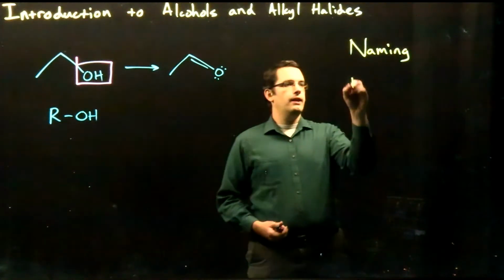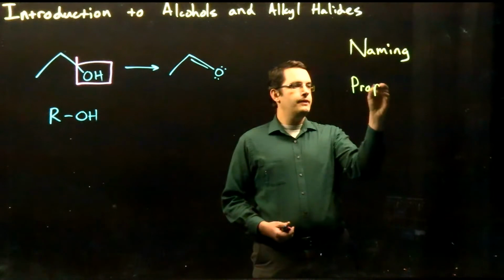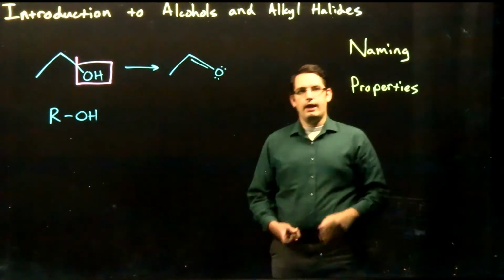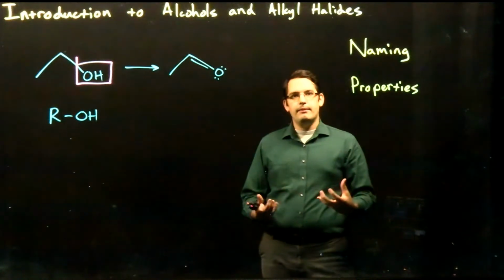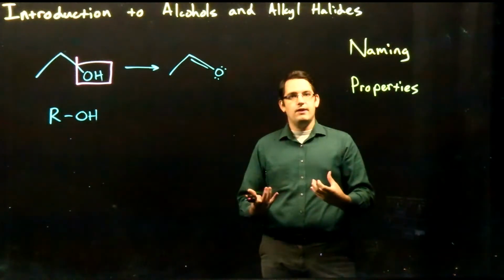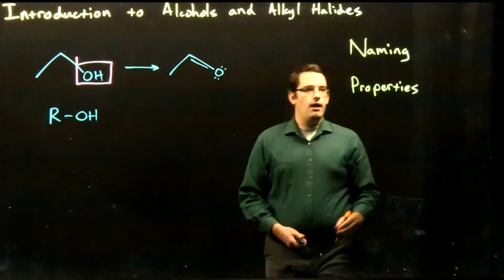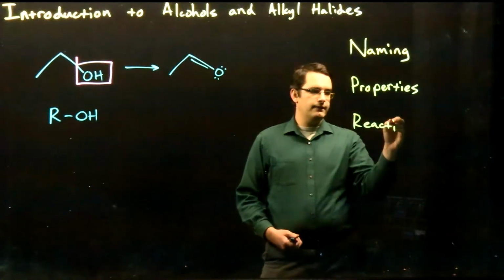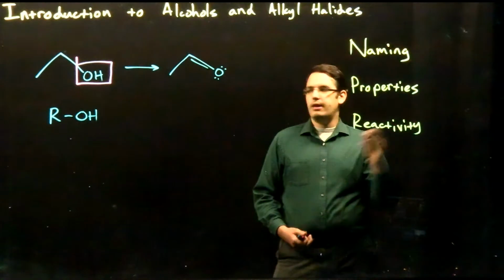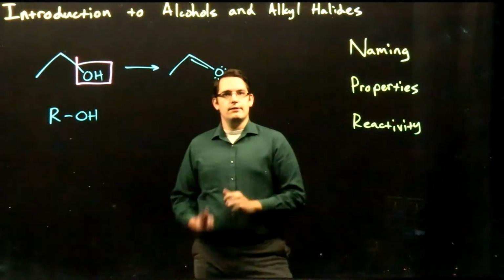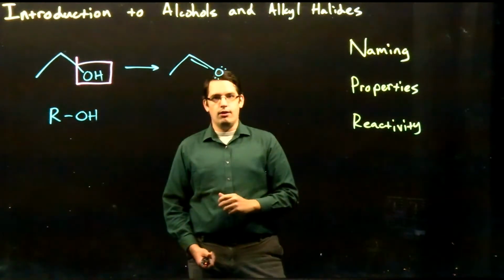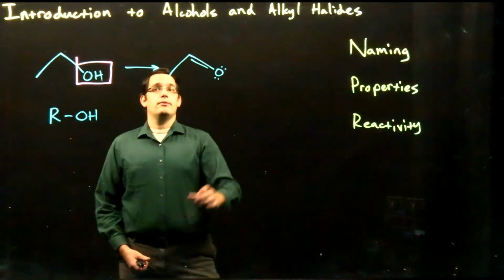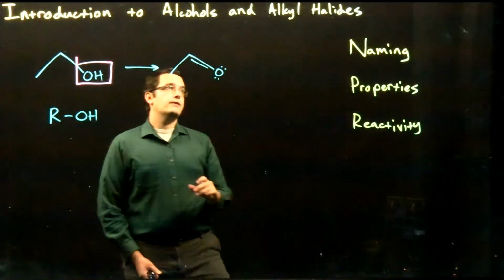We also want to look at the physical properties of our functional group. So we want to look at what the melting point or boiling point is, whether it's going to mix and be soluble with water, and then of course that reactivity as well. In this case we have that oxidation reaction that I just mentioned that leads to those dangerous effects of alcohol. So we're going to take a look at each of these three things for our alcohols as well as for our alkyl halides.